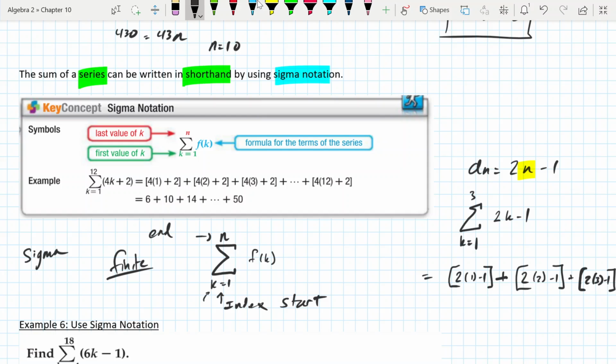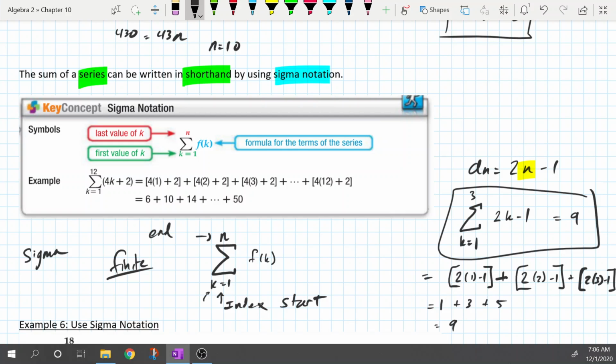And that sigma notation translates to this notation of addition. Now, of course, 2k minus 1 is just a series, so that's 1 plus 3 plus 5, which is 9. So this whole thing equals 9.